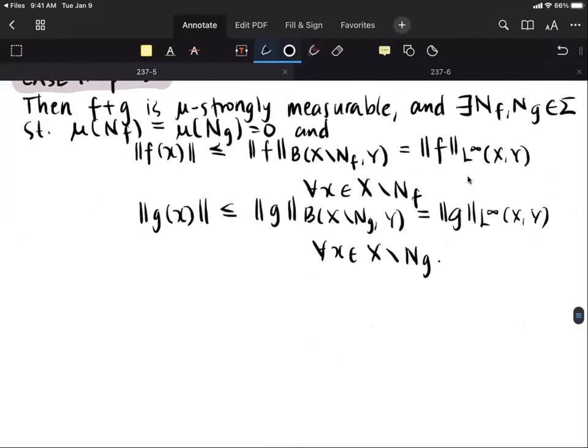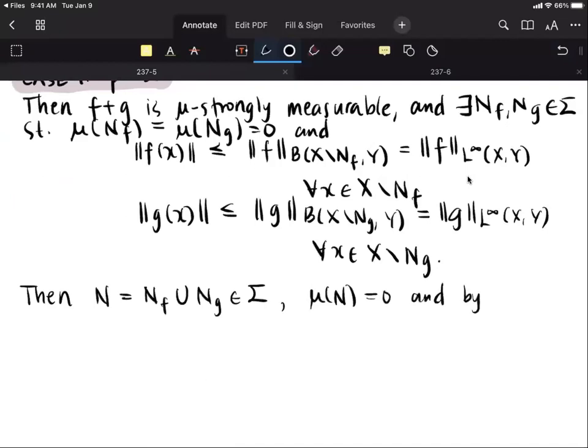To have a common ground, if I define N to be N_f union N_g, this is in the sigma algebra, and applying subadditivity of the measure, the measure of this is 0.